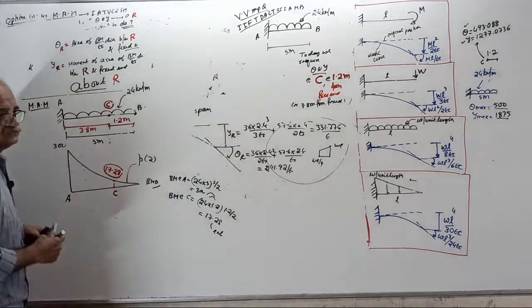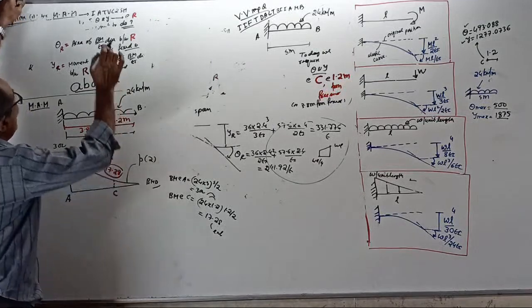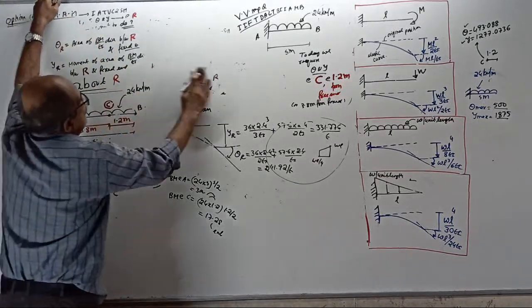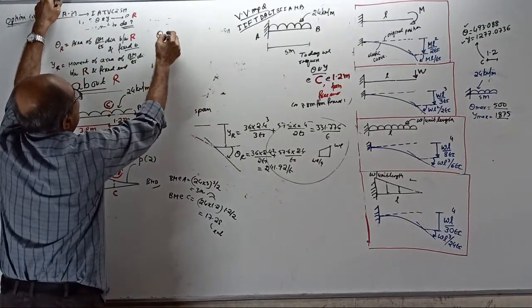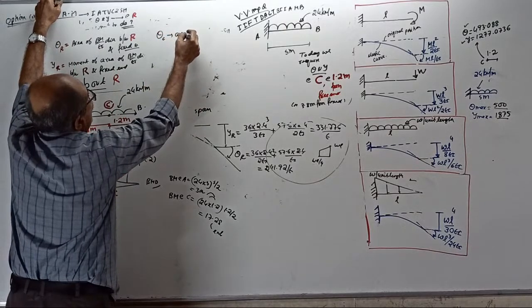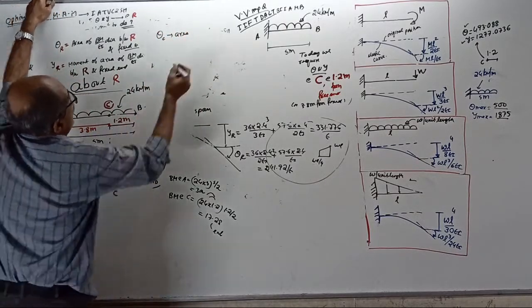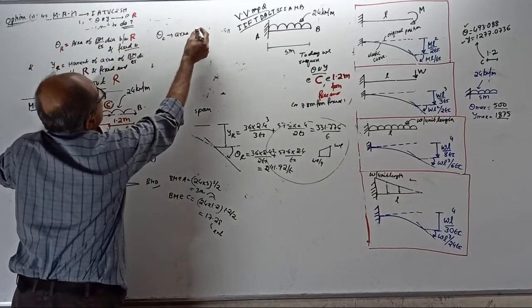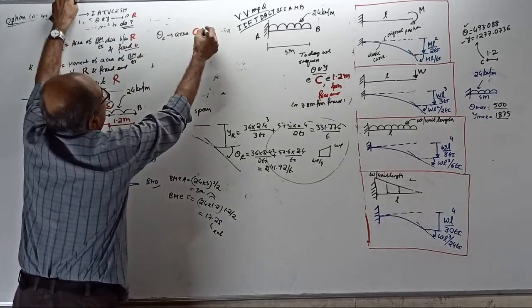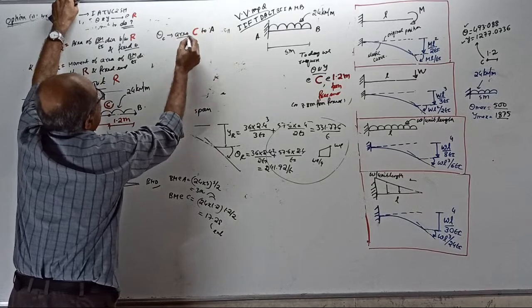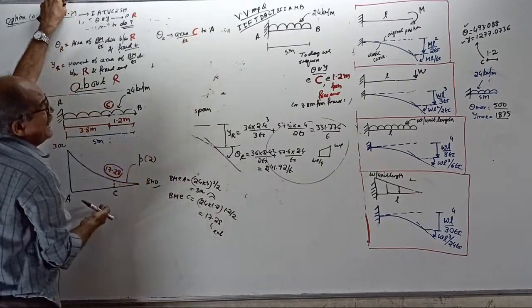Now, BMD is over. As per our statement, slope at C is the area from C to A, by EI. Area means area of the BM by I diagram.